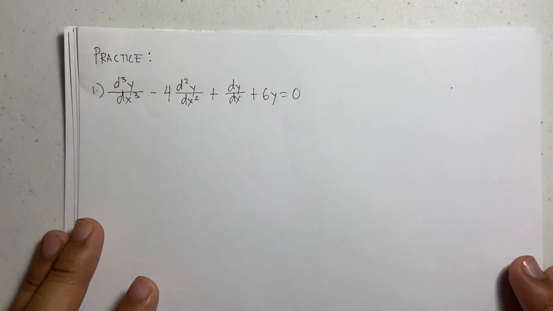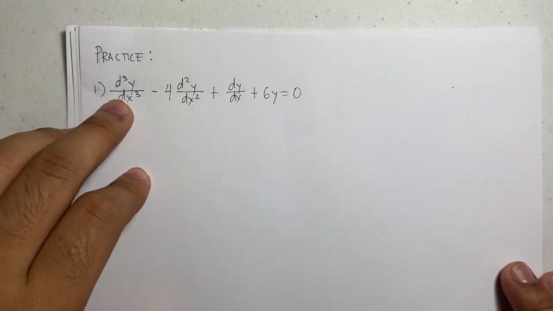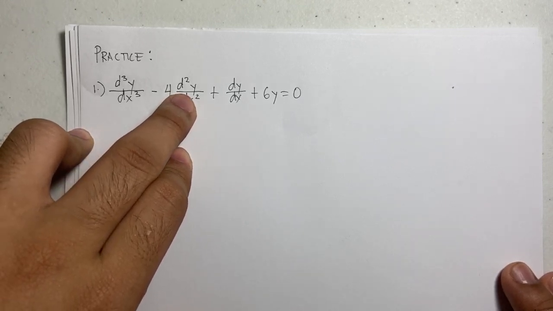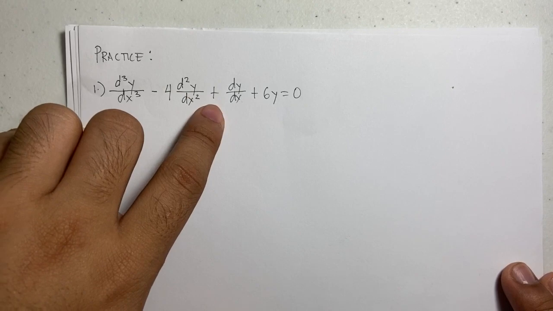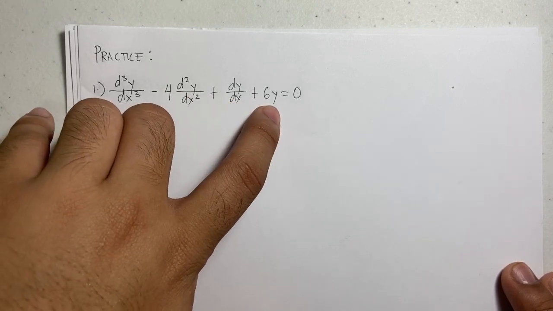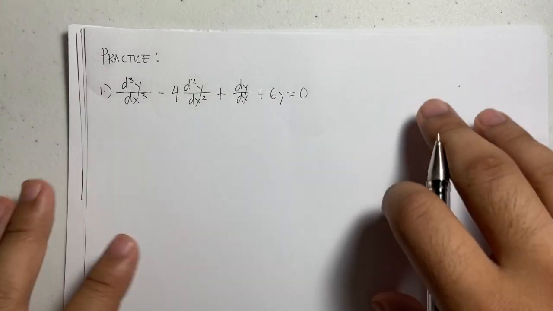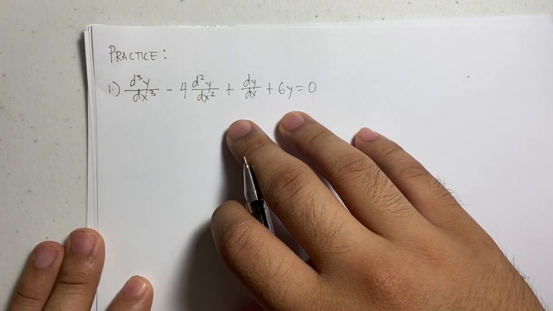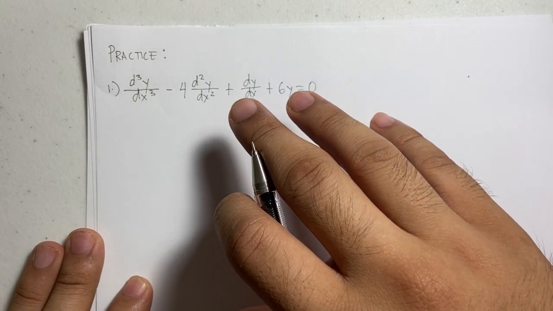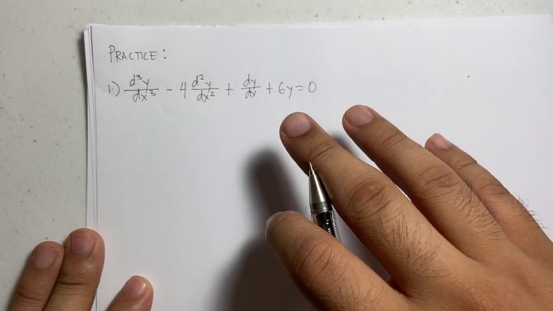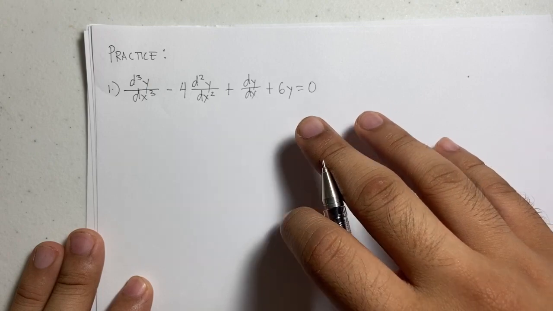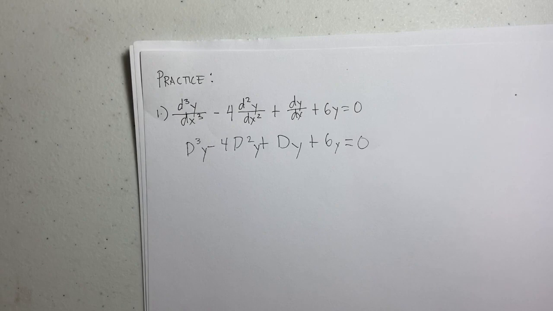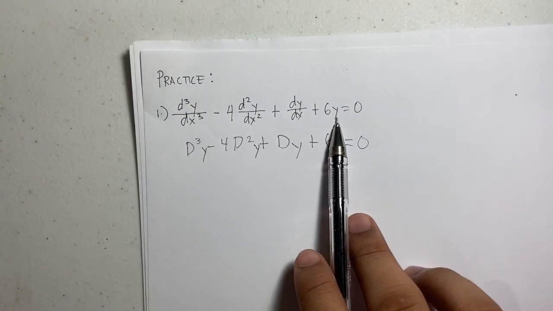So we have our practice problem here, which is d^3 y over dx^3 minus 4 d^2 y over dx^2 plus dy over dx plus 6y equals 0. We start with converting this differential form into f(D) times y. So we've converted our equation into this form.